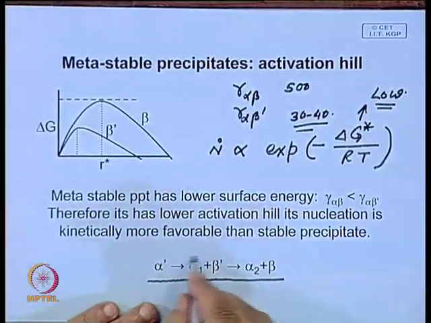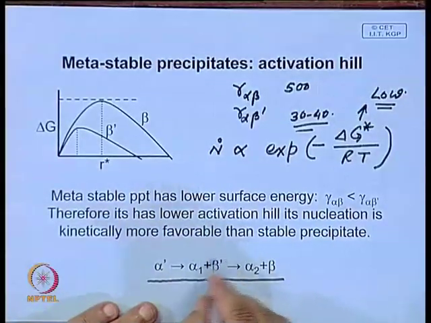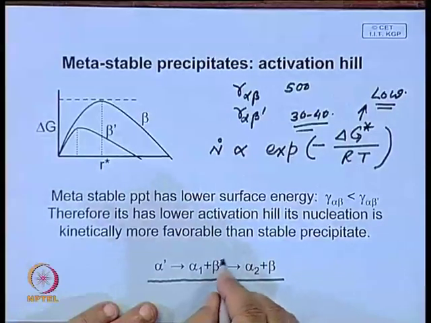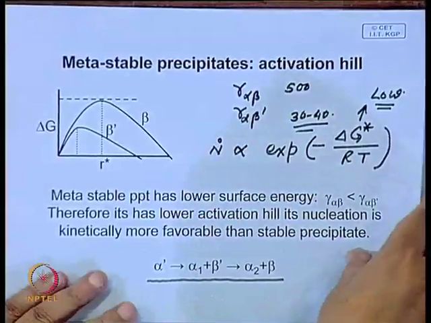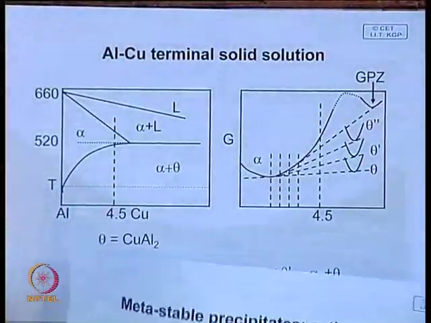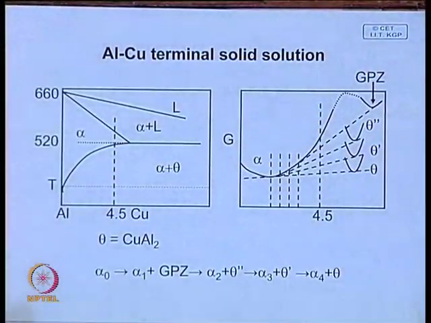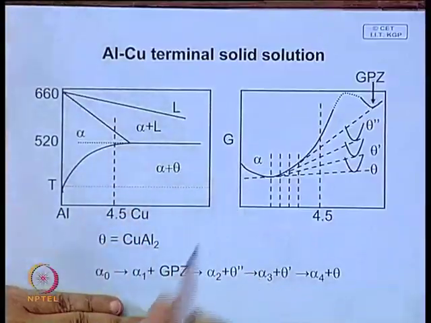Here we have written one, but in many alloy systems there may be multiple intermediate metastable phases. Now, the aluminum copper system has been most extensively studied, and the process of precipitation in this alloy system has been extensively studied. So, let us refer to this.